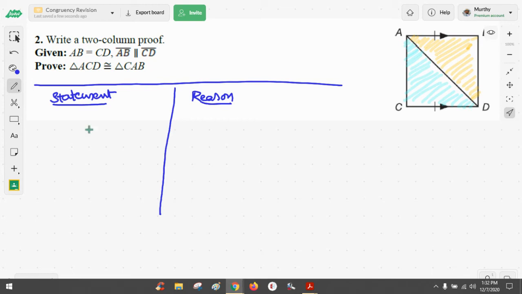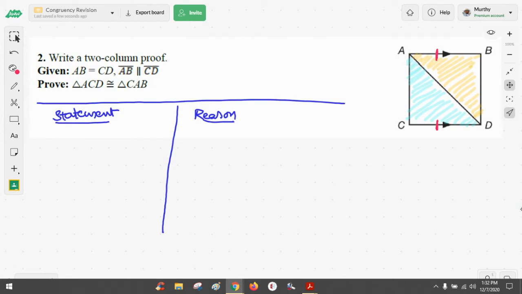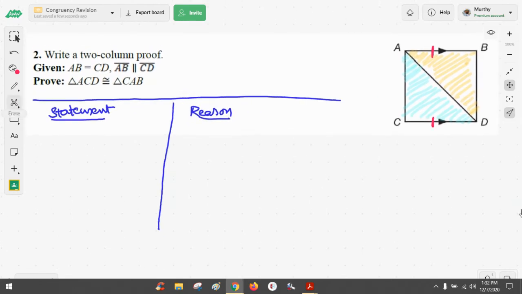First, let's focus on the markings. So here's CD, and let me move this a bit here. So CD and AB. Which triangles am I taking here?